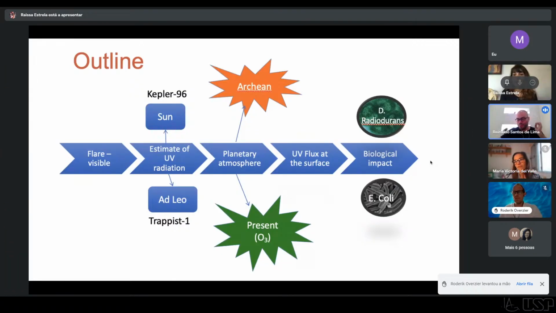And my other doubt is that I remember at least that a part of our atmosphere was built by the activity of life itself, that it builds some shield for UV. So before this activity of life itself, was the Earth with respect to the UV flux in the habitability zone?